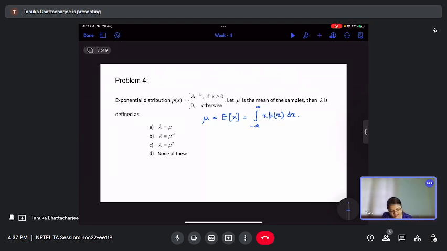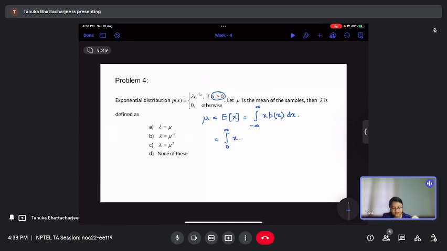So, in this case, as you can see that if x is greater than equal to 0, then we have some value of the density function, otherwise that density function is 0. So, px will be 0 when x is less than 0. So, we can simply change the limit of this integration to 0 to infinity, because before that this term will be 0.